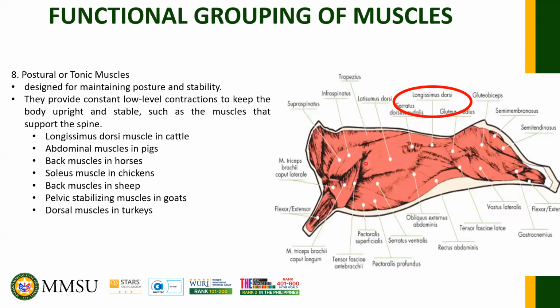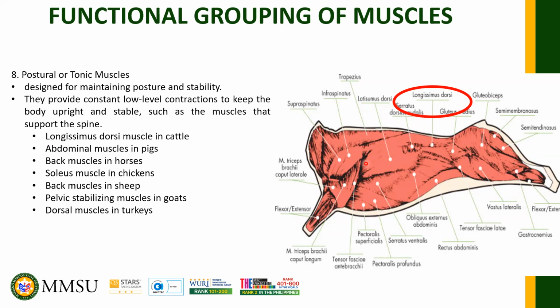And then we have another one, the postural or tonic muscles. These are designed for maintaining posture and stability. They provide constant low-level contractions to keep the body upright and stable, such as the muscles that support the spine. Okay? Number one there, we have the longissimus dorsi muscle in cattle.